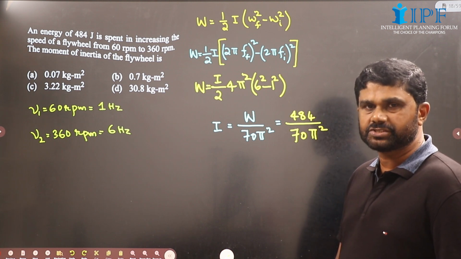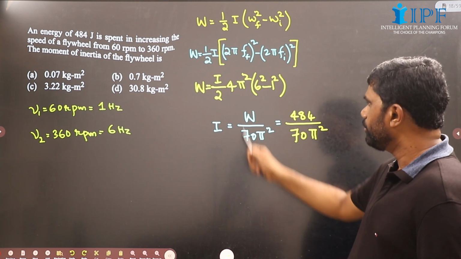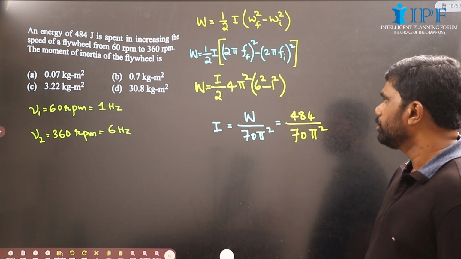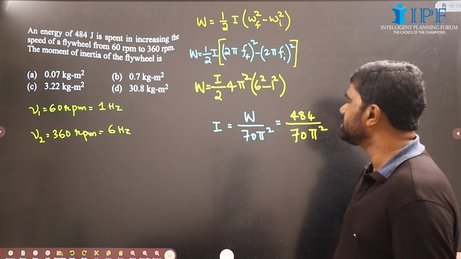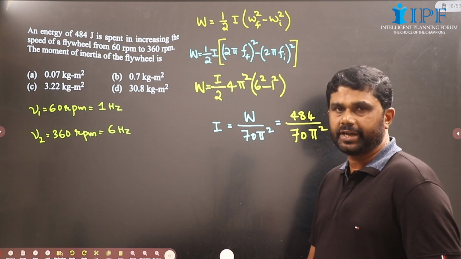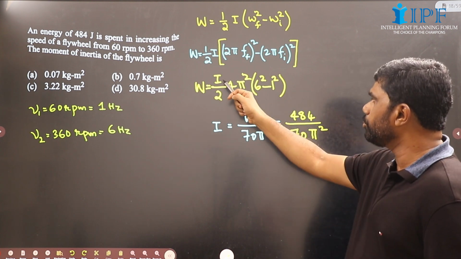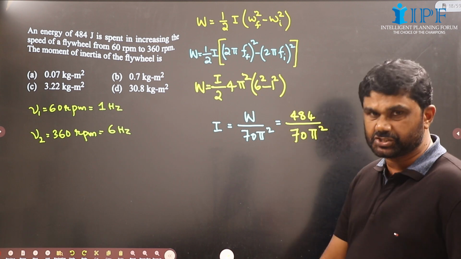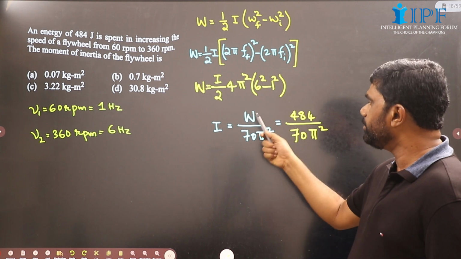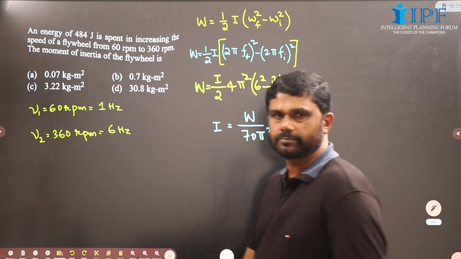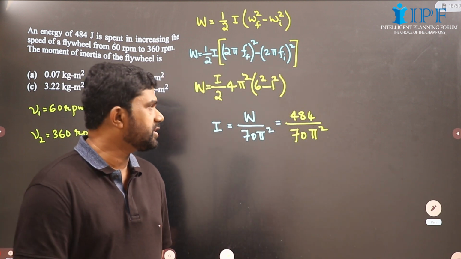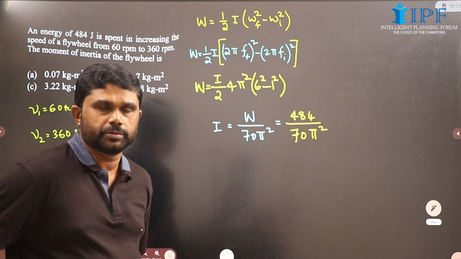So 6 square minus 1 square, that is 35. 4 by 2, that is 2. 2 into 35, that will be 70. So work done will be equal to I into 70 pi square. And I will be W by 70 pi square, and W, work done, is given as 484 joule.